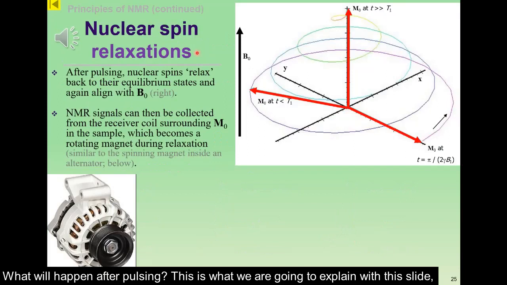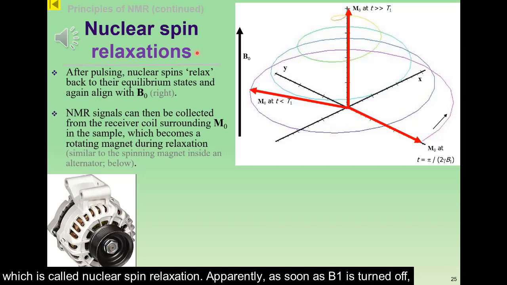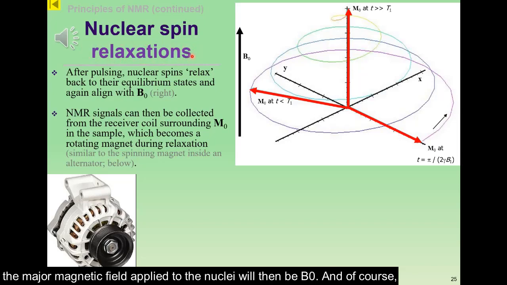What will happen after pulsing? This is what we are going to explain with this slide, which is called nuclear spin relaxation. Apparently, as soon as B1 is turned off, the major magnetic field applied to the nuclei will then be B0.